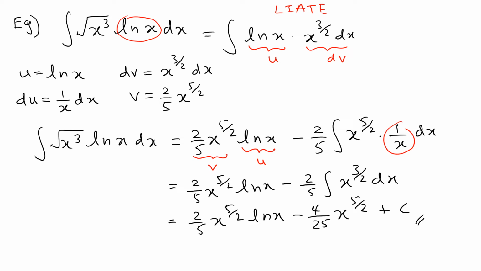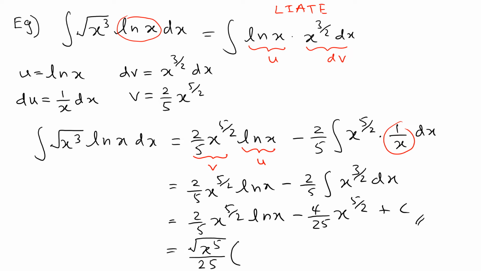There's nothing wrong with that. Also, if you want, you can simplify this a little bit. You can see x to the 5/2 divided by 25 is a common factor. So we can take the common denominator and write it like that. Actually, you can also pull 2 out.